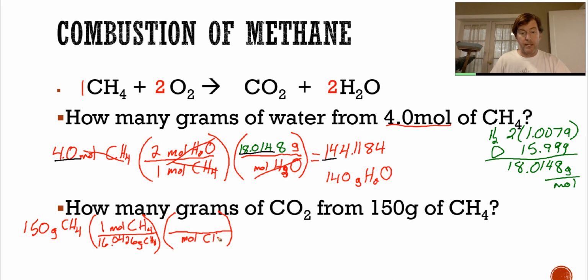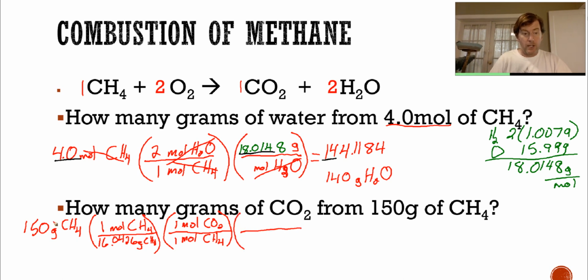I want moles of methane on the bottom, and moles of carbon dioxide on the top. And we get this from the balanced equation. We see 1 here and 1 there, so that's a 1-to-1 ratio. But we still need to do this step to make sure our units are working out.